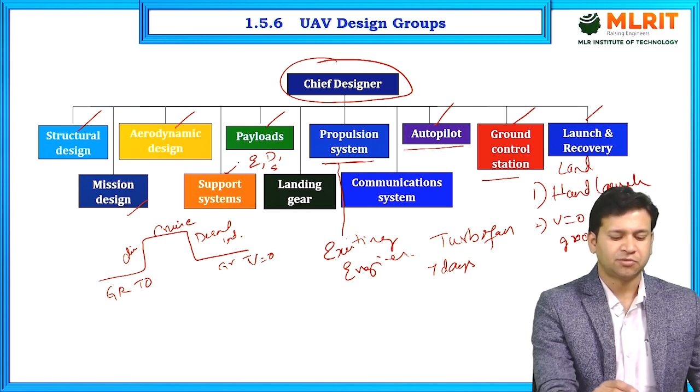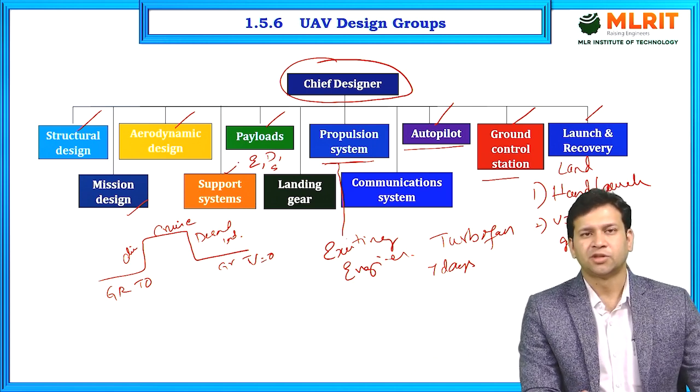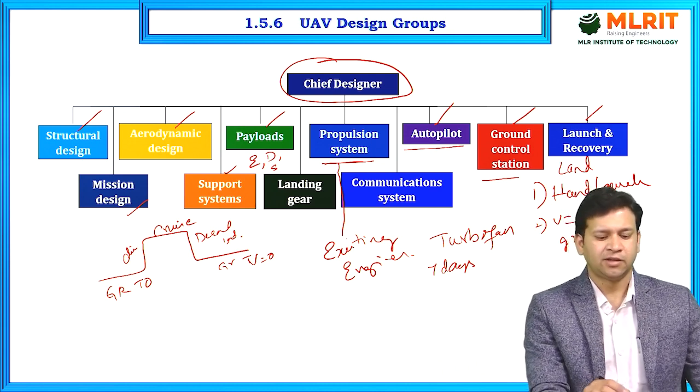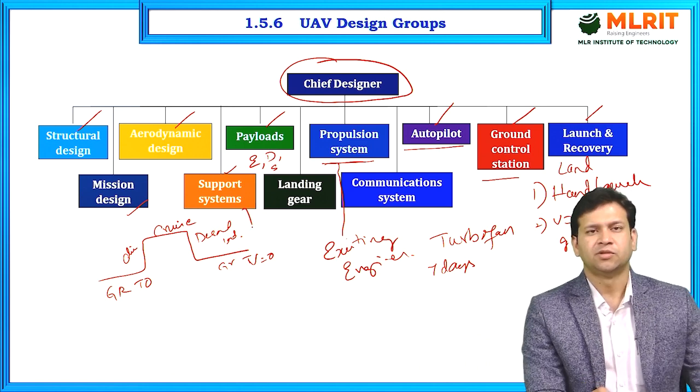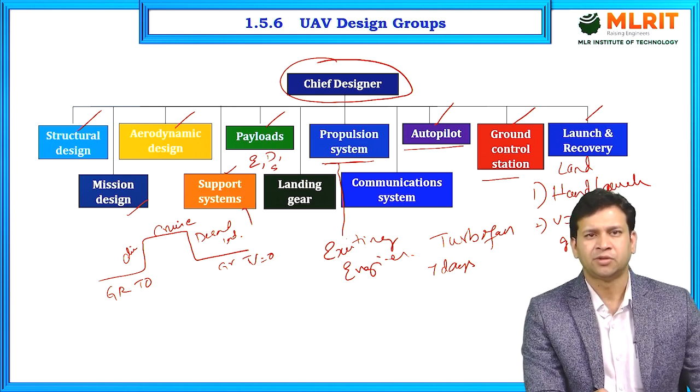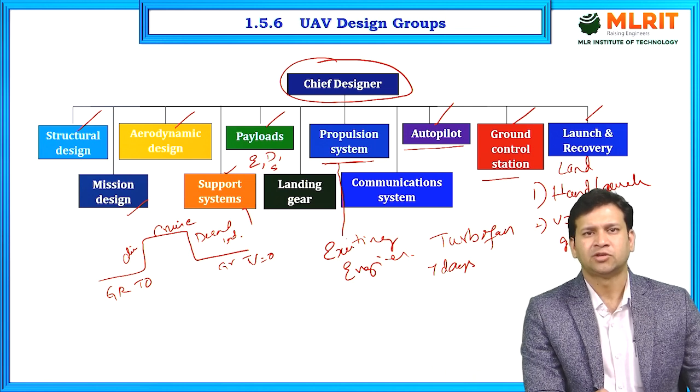And support systems. What kind of support systems are required for a UAV? If it is a catapult takeoff, what kind of launching system is needed there? That will be taken care of by this team. If it is a hand launch, who will be holding it, at what angle of attack it has to be held, and how far it has to be pushed.